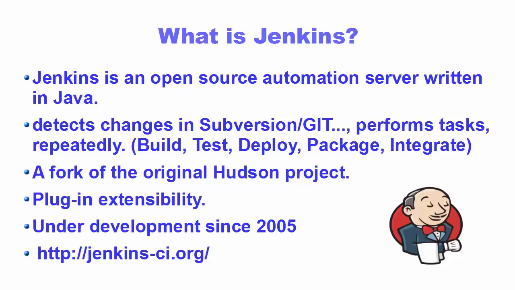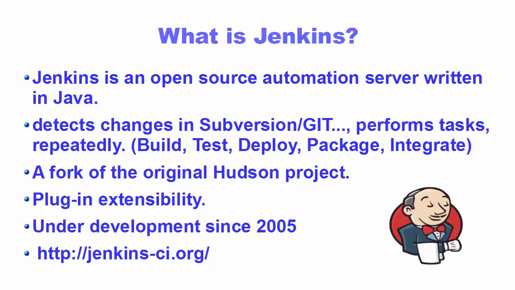Now let's talk about some of the history behind Jenkins. Jenkins is a fork of the original Hudson project, and it has been under development since 2005. Hudson was first released by a developer called Kosuke Kawaguchi of Sun Microsystems, and in 2010 Oracle bought Sun Microsystems. Due to this, a naming dispute occurred and Hudson was renamed to Jenkins.